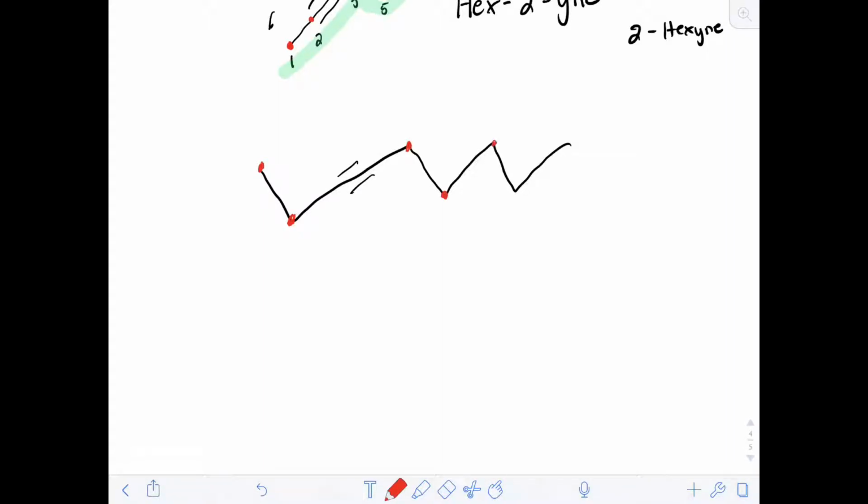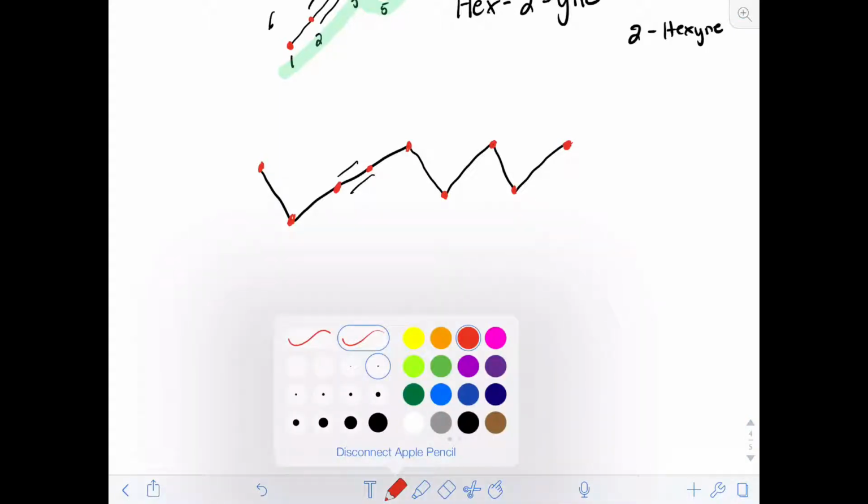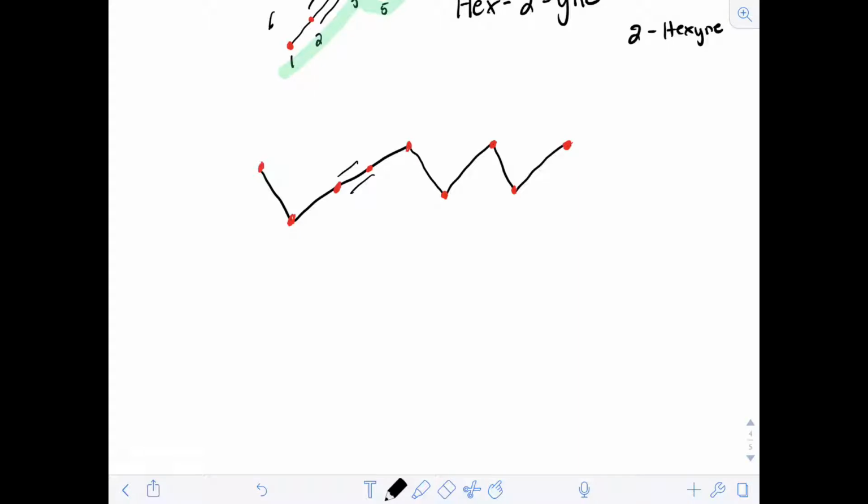So these are pretty easy. So 1, 2, 3, 4. Oh, like I said, tricky right there. Tricky. 1, 2, 3, 4, 5, 6, 7. Sorry, recount that. 1, 2, 3, 4, 5, 6, 7, 8, 9. So over here we've got 9 carbons.